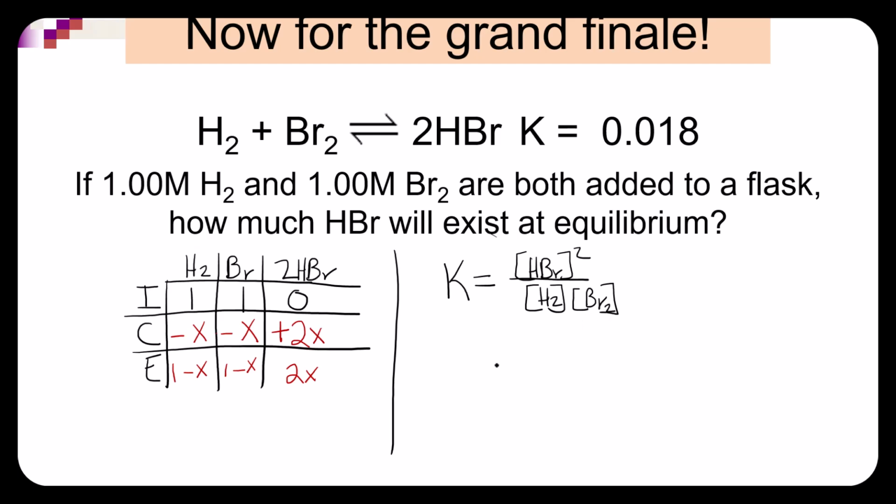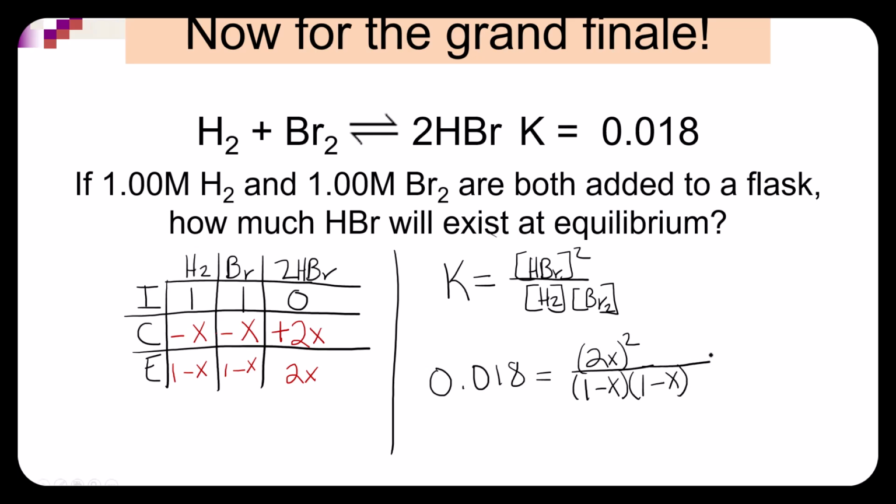And now we can plug in what we know. 0.018 equals, so hydrobromic acid at equilibrium is 2X, squared, and then our reactants are 1 minus X and 1 minus X.